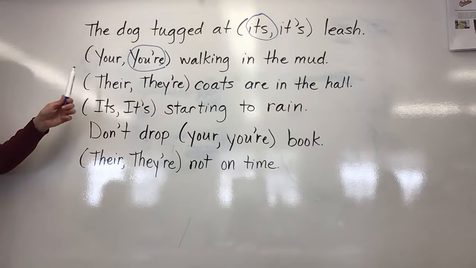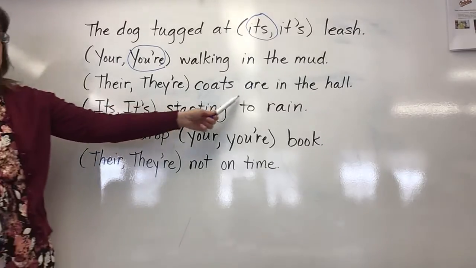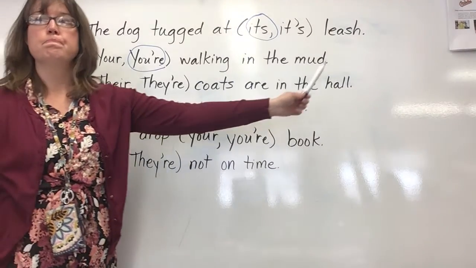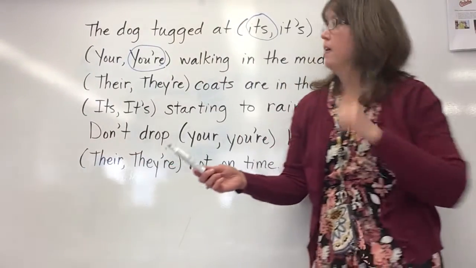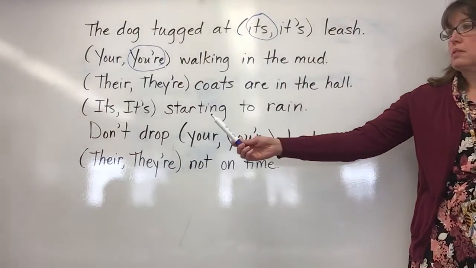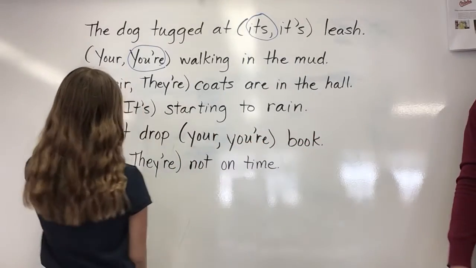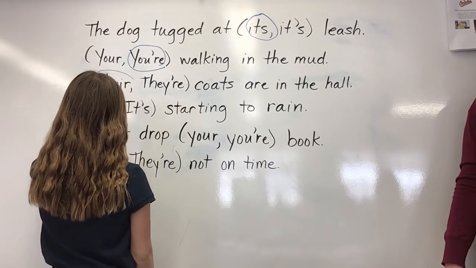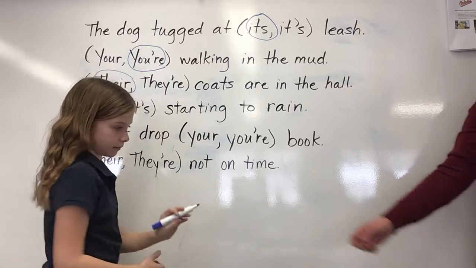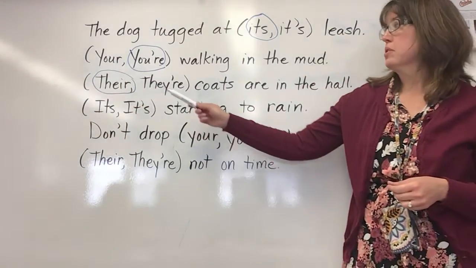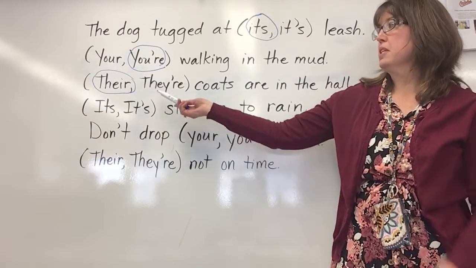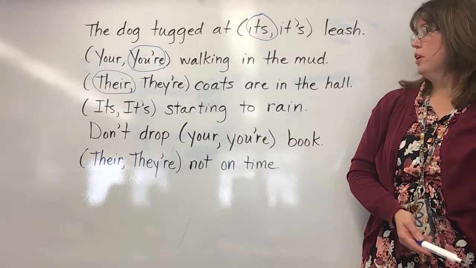Okay, what about their coats are in the hall? All right, Olivia. Very good, because we need a possessive pronoun, okay? Their coats. Would it make sense to say they are coats are in the hall?